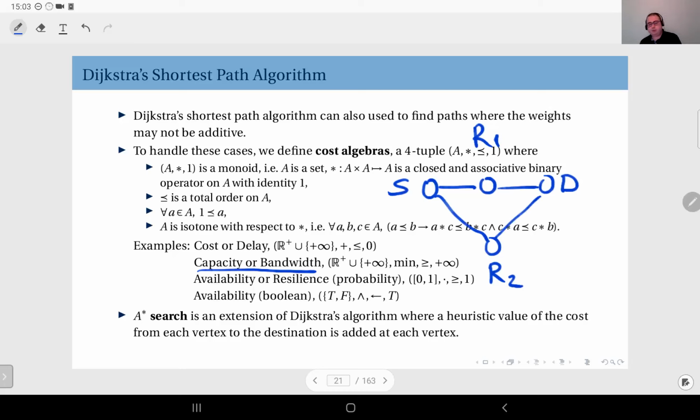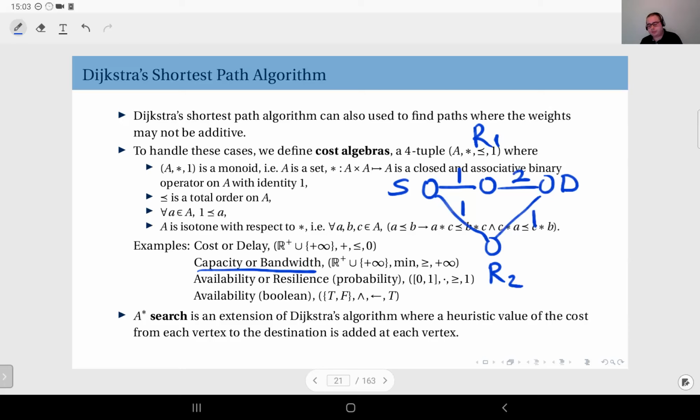Now, if we were doing minimum cost paths, let's say the cost on this edge is 1 and this is 2, and the cost on this edge is 1 and this is 1, you would prefer the path through R2 because that is the minimum cost. From S to D, the cost through R1 is 3, the cost through R2 is 2. Therefore, you prefer it.